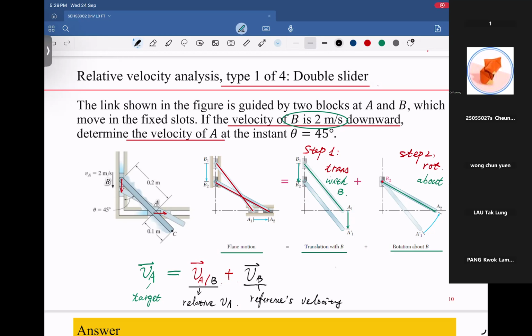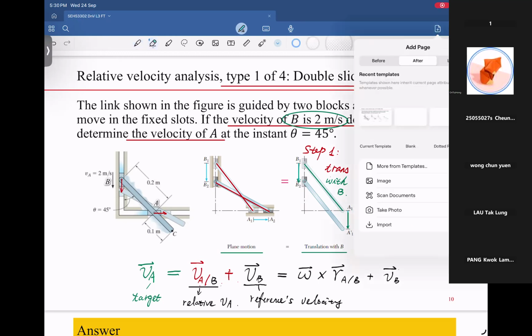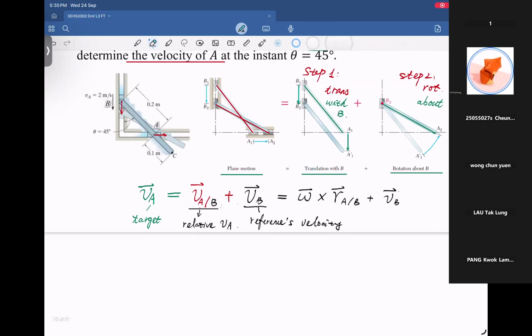Okay, so we can expand this equation as V_A/B, which is actually the angular velocity of this rod crossed with the position vector of A, taking B as a reference, plus V_B. Now we have only one equation.